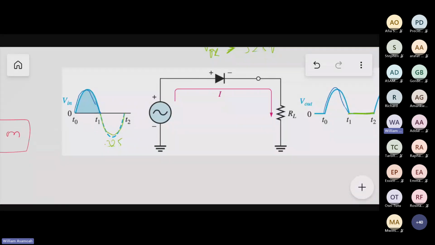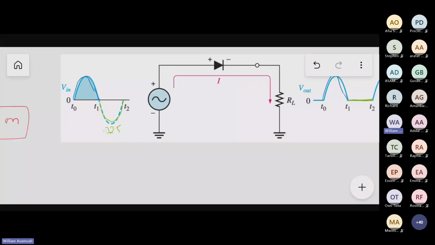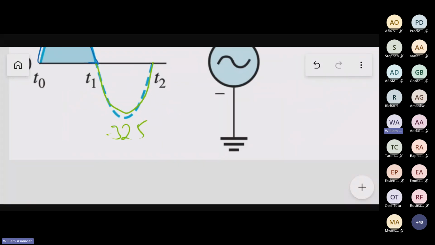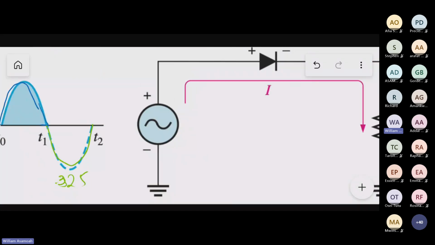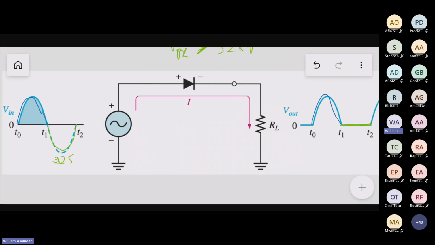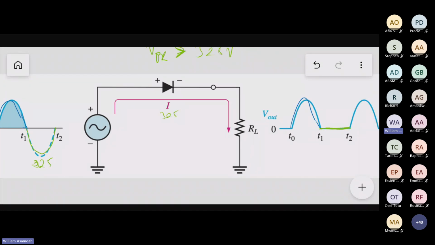Now, we know that in our AC wave, I've told you this already, the maximum voltage goes anywhere from positive 325 to negative 325. So that means that when the diode is reverse biased, a voltage of 325 is connected to it in reverse. Now that means that if your diode cannot handle a maximum of 325, when 325 occurs across it, it will break down.